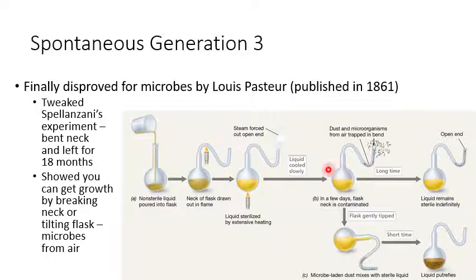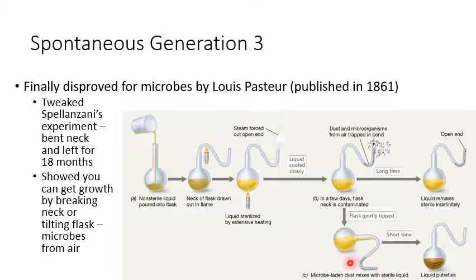And he left these flasks for 18 months, like under his stairs. And at the end, it was still clear beef broth without microbes growing in it. What he did at the end actually is tilt these flasks so that the broth ran down into the neck, and then he put it back upright.